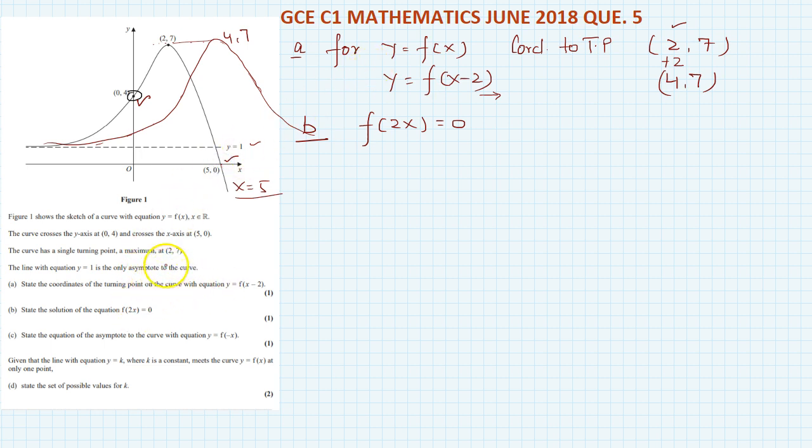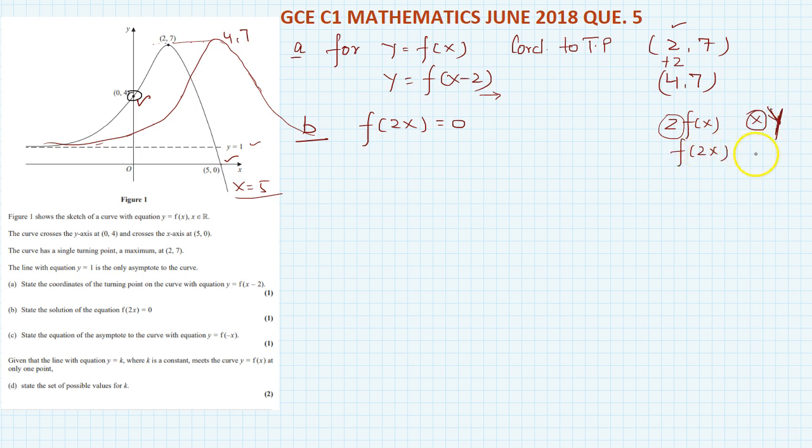Now if the equation is f(2x), we have two types of equation again. One is you can write 2f(x) and f(2x). In the first one, you multiply y by 2. This is a multiplication sign, not xy, multiply by y.